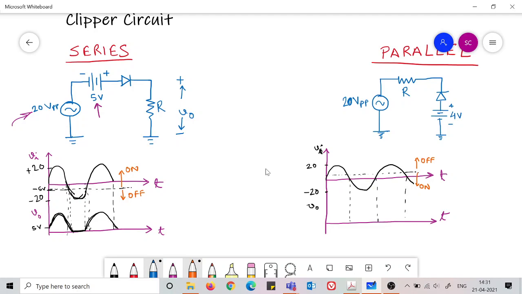So this much is on, the rest was off, and then again we are having on from here till here.